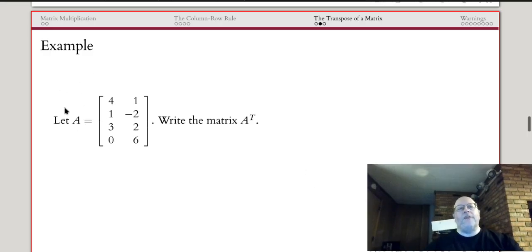So this matrix A right now is a 4 by 2 matrix with these entries in it right here. We've seen this matrix already. We want to write the transpose.